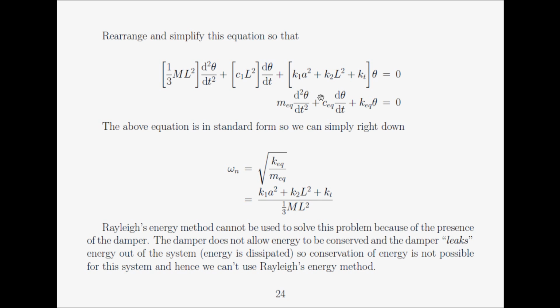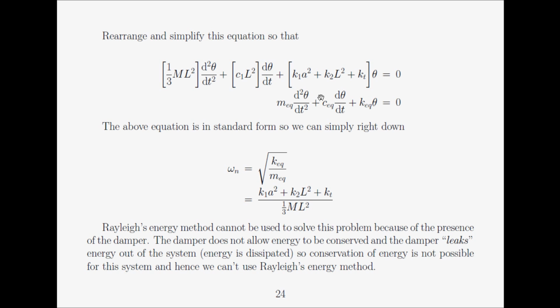If it is non-homogeneous, the various terms in the differential equation would be equal to a non-zero term. We put that in the standard form, m equivalent theta dot dot plus c equivalent theta dot plus k equivalent theta is equal to 0. This is the generic standard equation that we'll study in this particular course.